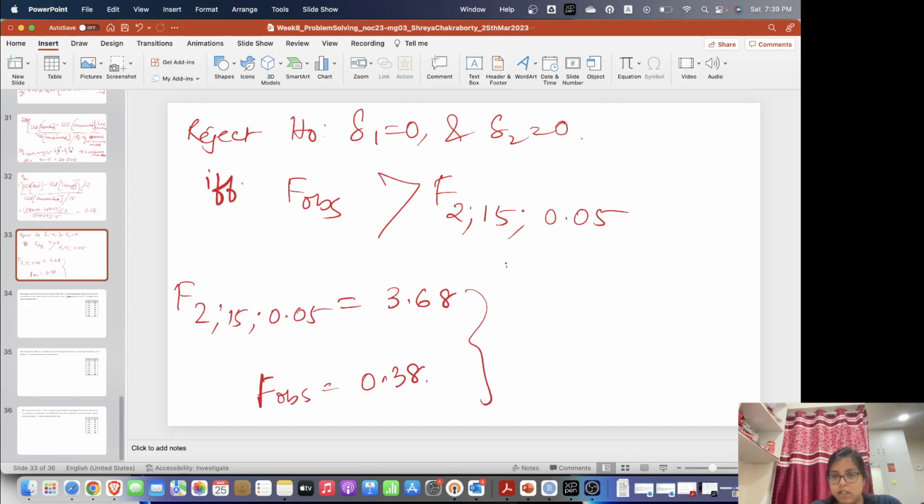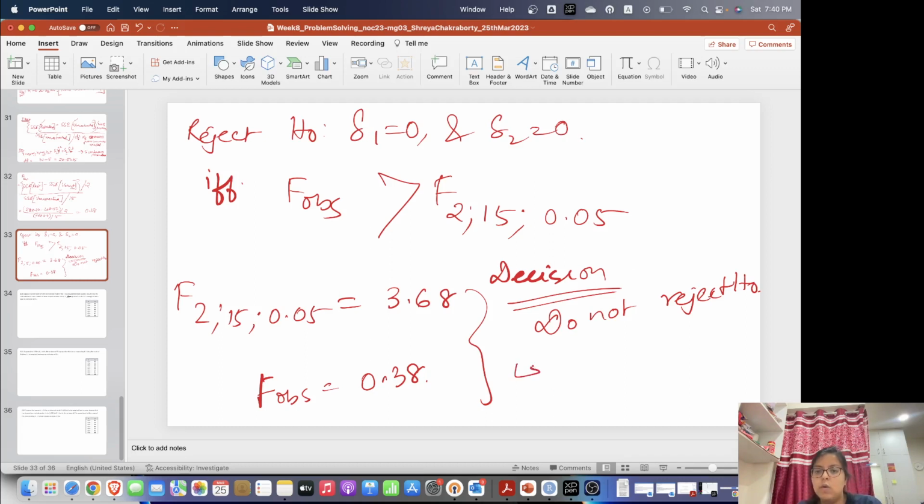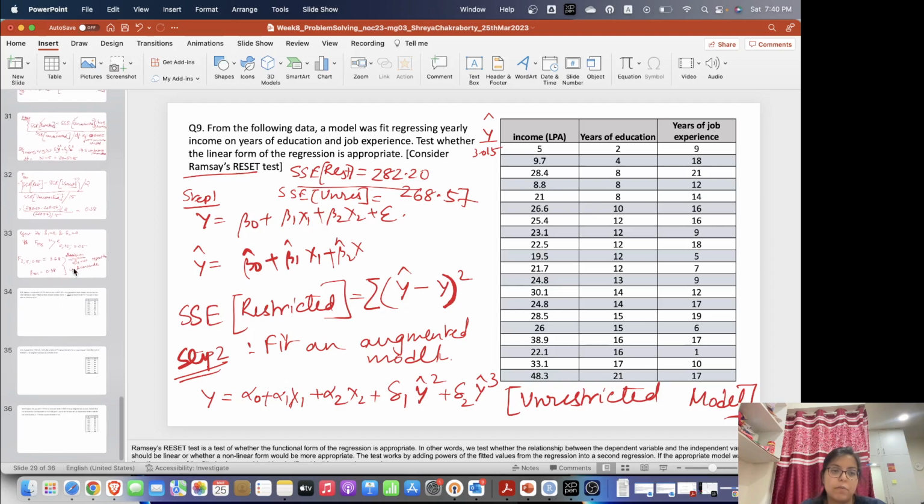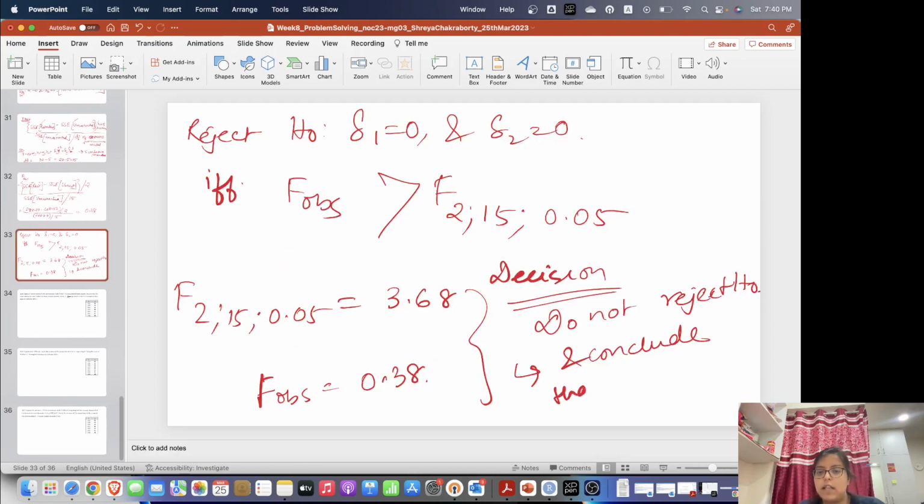So our decision is we do not reject H naught. If we do not reject H naught, it means delta 1 is 0 and delta 2 is also 0, and we conclude whatever was given in the first sentence: that the linear functional form is appropriate.